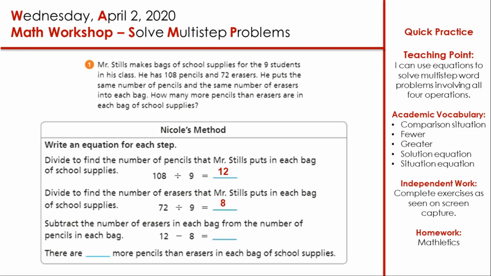So if I'm at 8 and I want to get to 12, that means that I need a difference of 4 to actually get there. So if I try 12 minus 8, I will get a 4 as well. So the answer for my question is 4. There are 4 more pencils than erasers in each bag of school supplies.